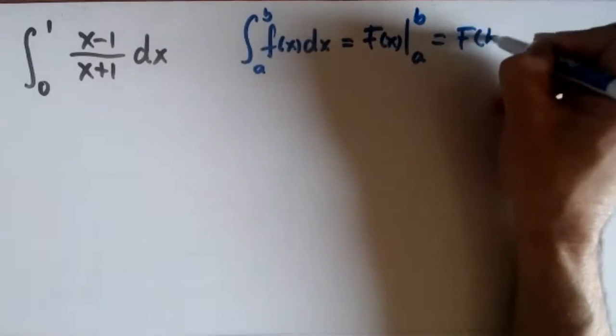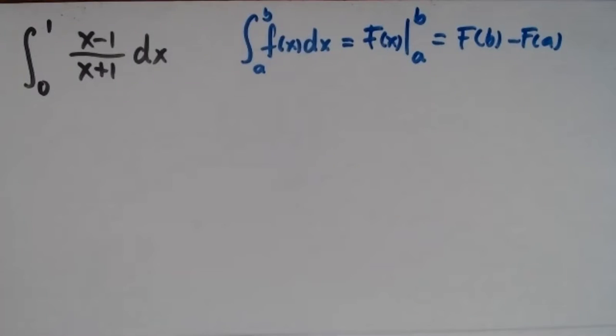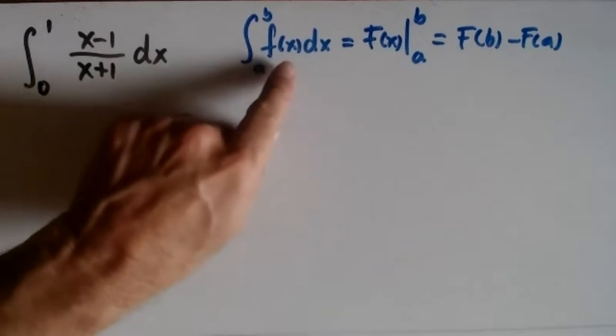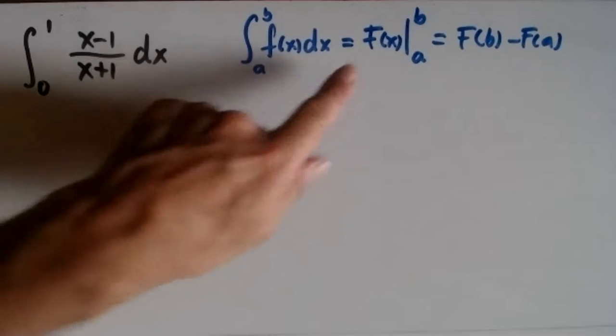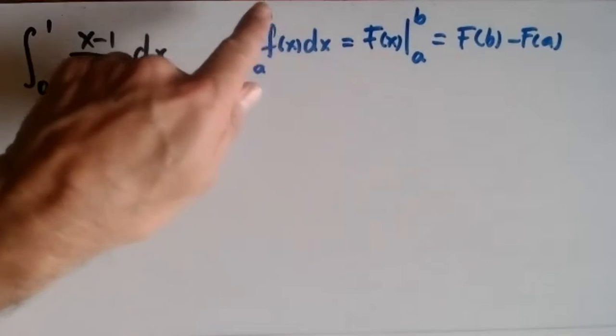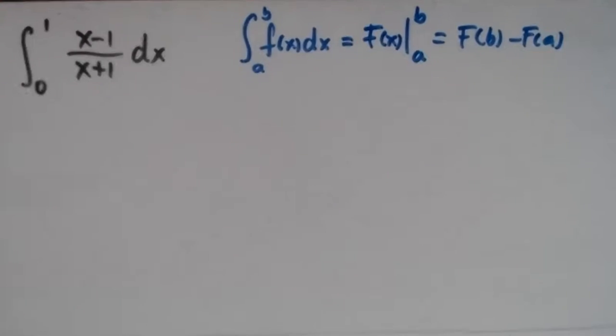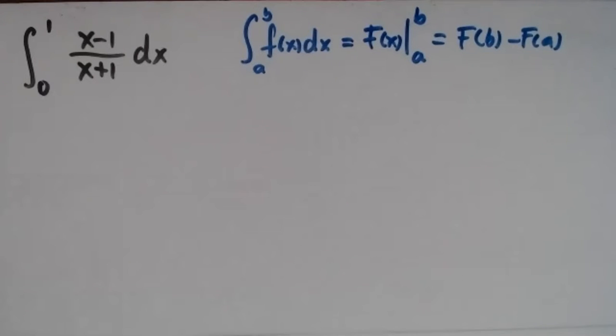This is F of b minus F of a. You have to find the antiderivative, and once you have it, you evaluate it at these two limits in this way. And then you find a number. Okay? So this is going to be our way.